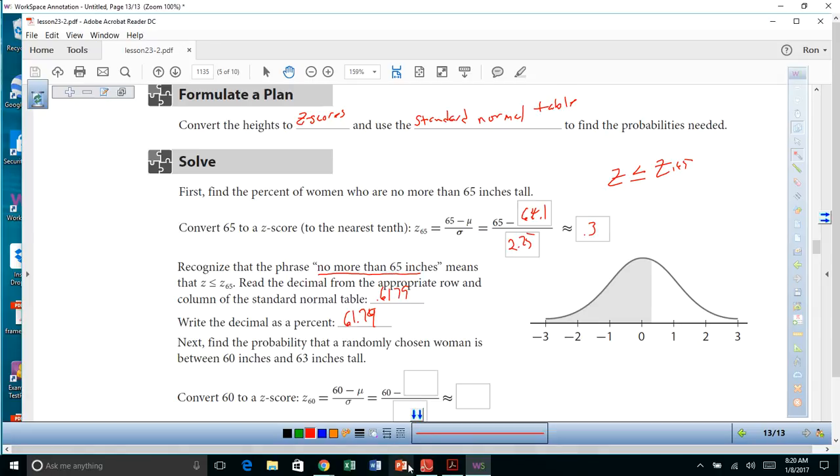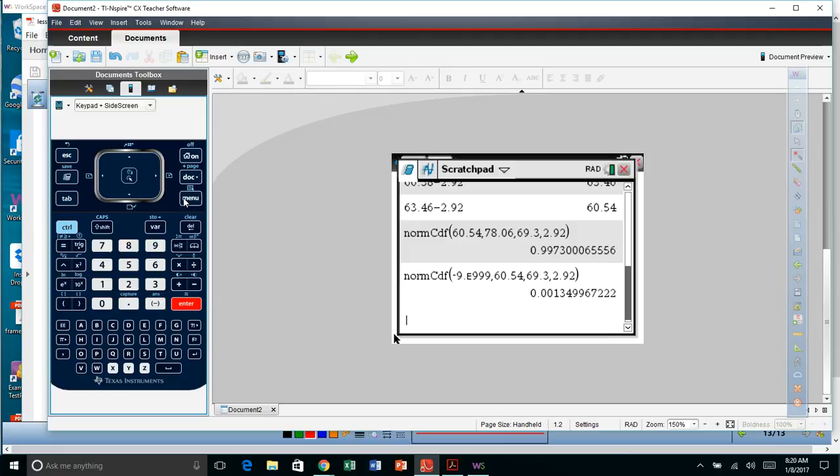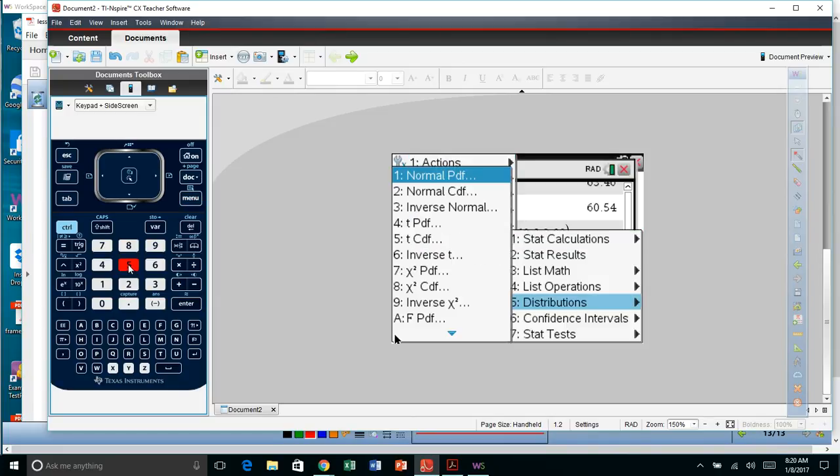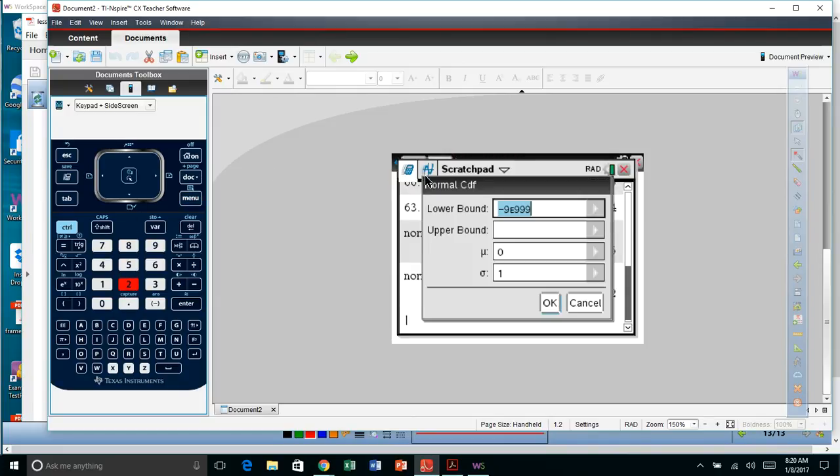Let's see. Go to Menu 652. Lower bound is negative infinity. Upper bound is 65. Our mean is 64.1 and our standard deviation is 2.75.